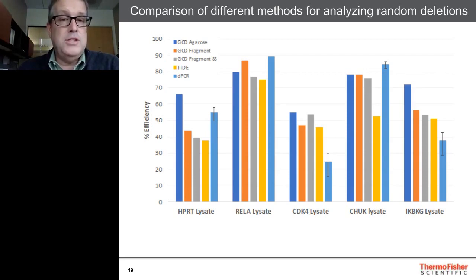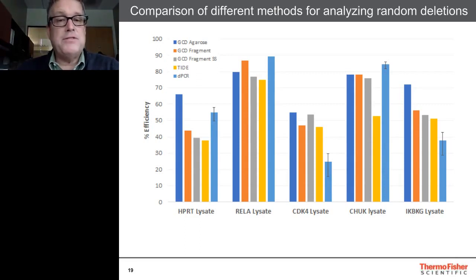In the orange, the genome cleavage assay on our legacy capillary electrophoresis instruments. In gray, we have the genomic cleavage assay as measured by our brand new Seq Studio instrument. In yellow, we have the editing efficiency as calculated by Tide. And finally, we have the editing efficiency as calculated by digital PCR.